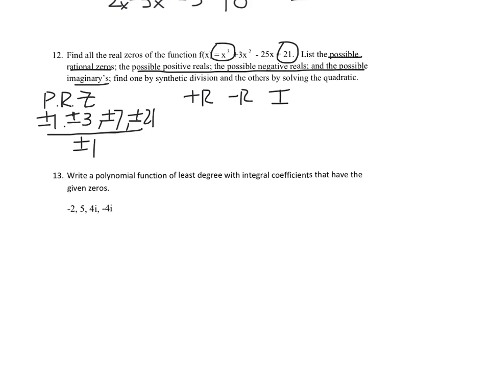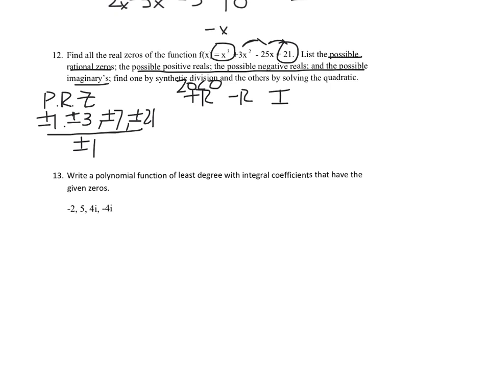Positive reals, you'd count the sign changes. So the sign changes here, we've got 1 there, 1 right here, and 1 right here. So there's 2 sign changes. So this is going to be either 2 or 0. Negative reals, we're going to change the odd powered terms.